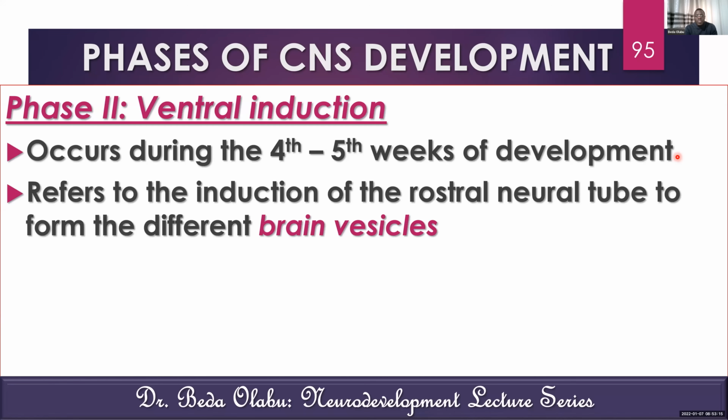Ventral induction refers to the induction of the rostral part of the neurotube, which is the primary neurotube, so that it can differentiate to various brain vesicles. Basically, during ventral induction the neurotube develops some swellings. These swellings are known as the brain vesicles.